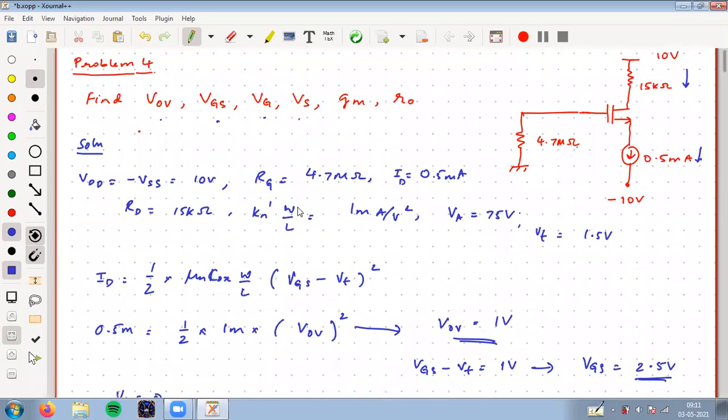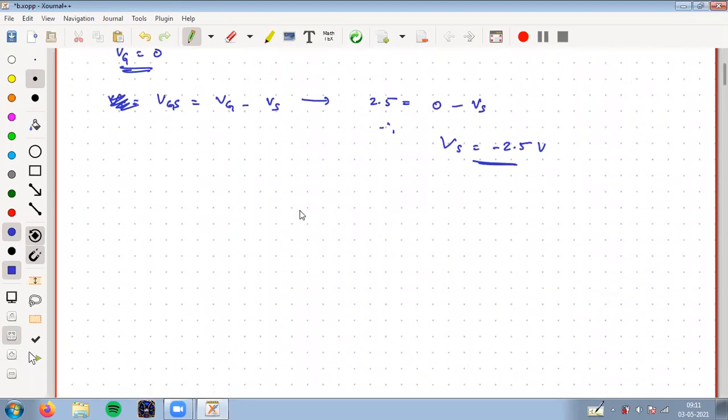Next, gm and r0. Okay. The formula for gm is gm equals Kn prime W by L into VOV. Kn prime W by L is 1 milli, VOV is 1 volt.